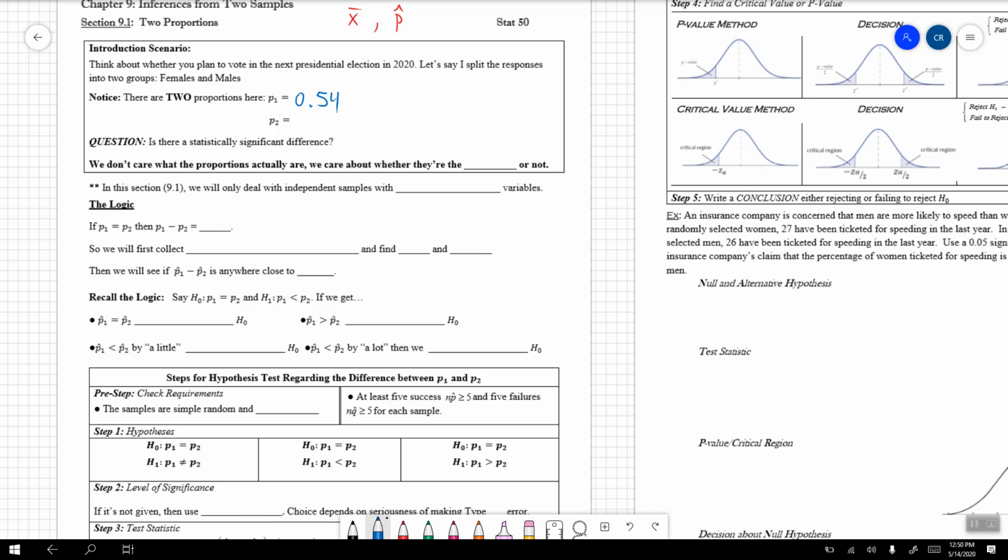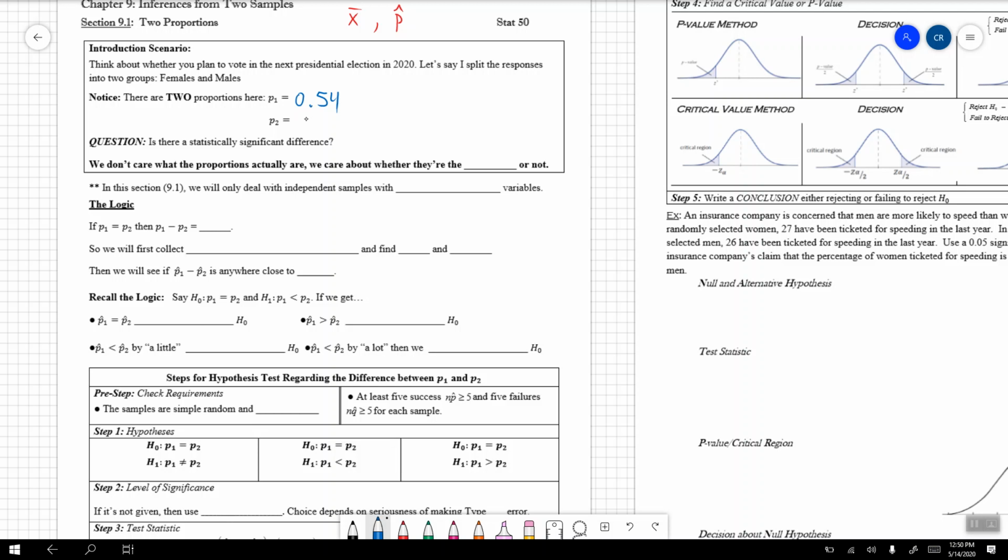Now say I hold the same question for the males. All right, how many males are going to vote in the next presidential election? Well, I'm going to get a response here. That response could be some percentage or some proportion that I look at within the responses of the males that are going to vote.